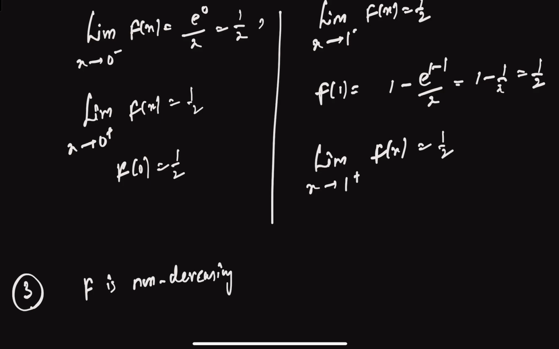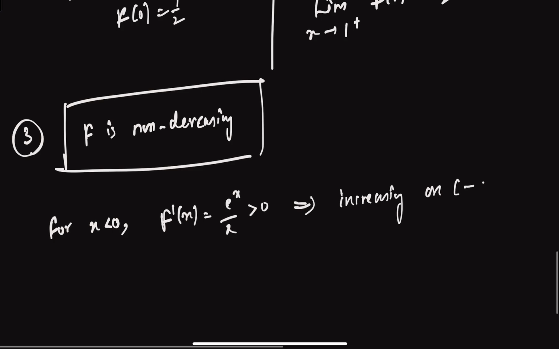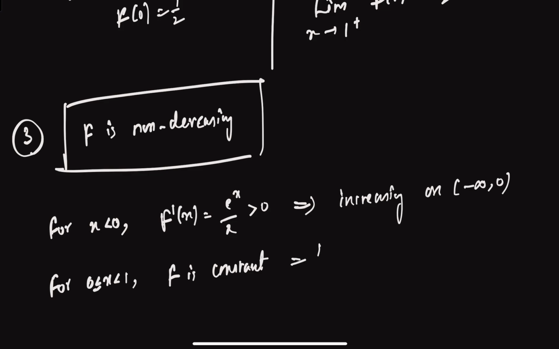If we consider the derivative, for x less than 0, f dash of x is e to the power of x by 2, which is greater than 0. So it is increasing on the interval minus infinity to 0. For 0 less than or equal to x less than 1, f is constant, which is nothing but half.